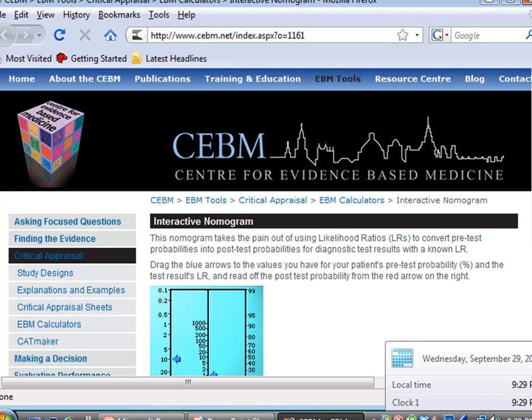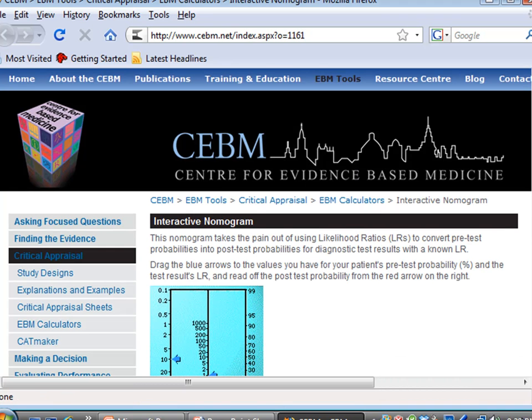What we'll do now is use a calculator to determine the post-test probability. There are several sites that offer this approach. The one we're going to use is found on the site for the Center for Evidence-Based Medicine. We know that the pretest probability in our example is about 30%, and the likelihood ratio we calculated was 5.